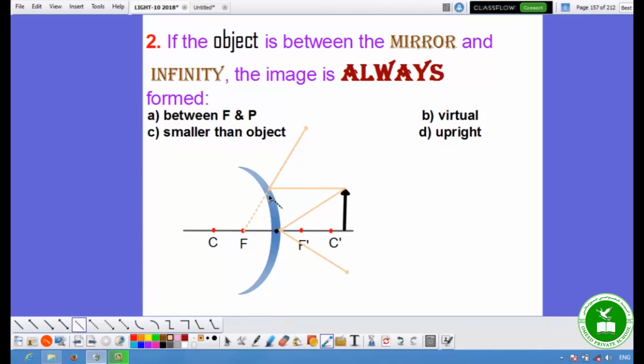We should take the extension of this incident ray to this side. Let me use some other color. This is the extension of one reflected ray and this is the extension of the other reflected ray.